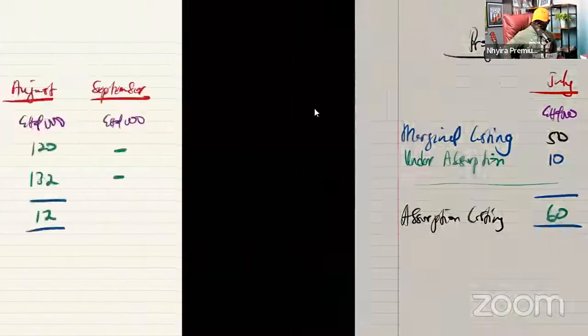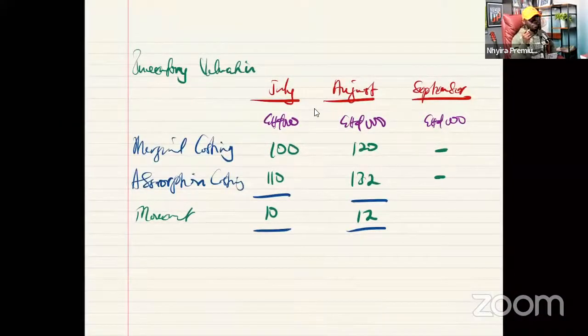Because if you realize, in September there is no closing stock, but there was an opening stock in September. So it would make the reconciliation of the profit not reliable in that particular case.